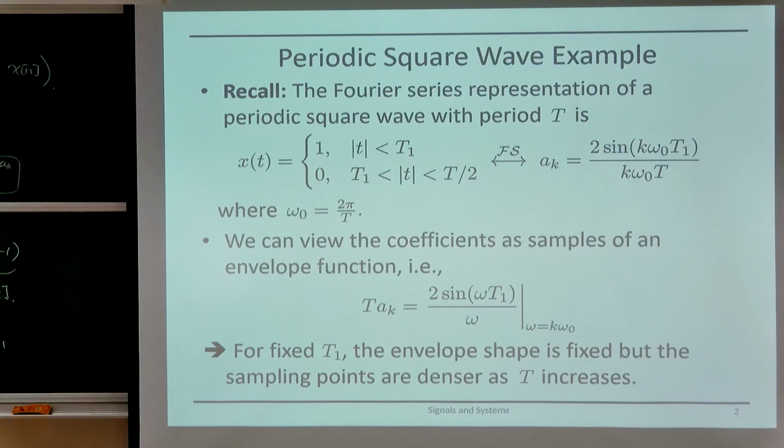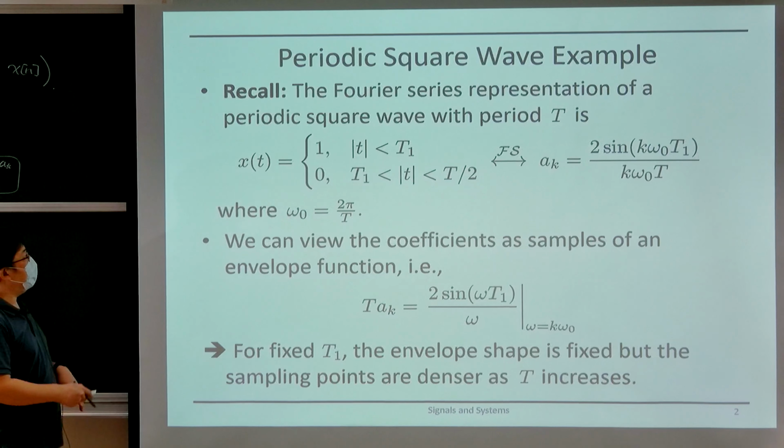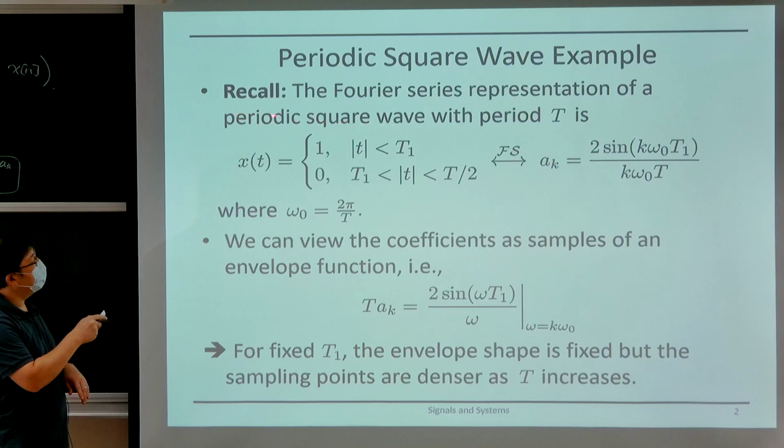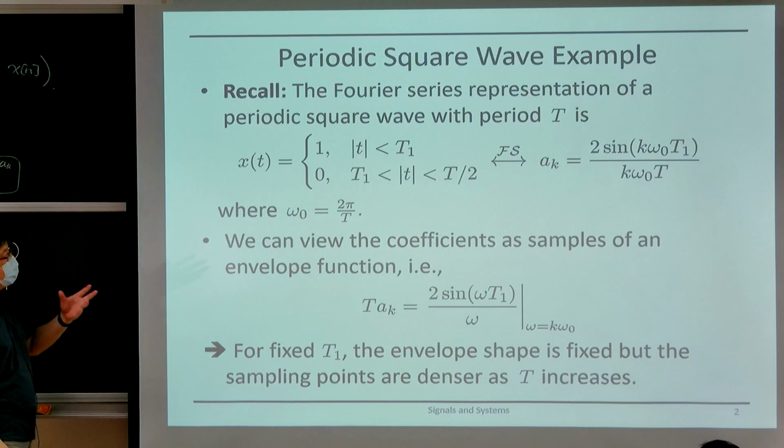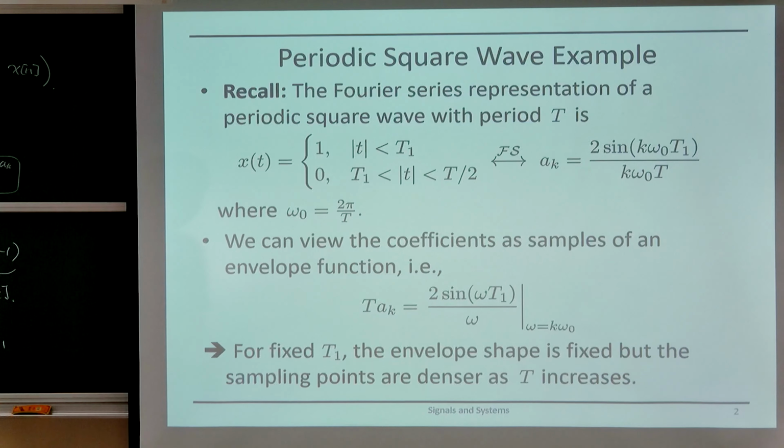So we start out by looking at this periodic square wave that we already discussed several times. Here we assume we have a periodic square wave signal x of t that has period capital T, but is equal to 1 only from minus t1 to t1 and 0 everywhere else.